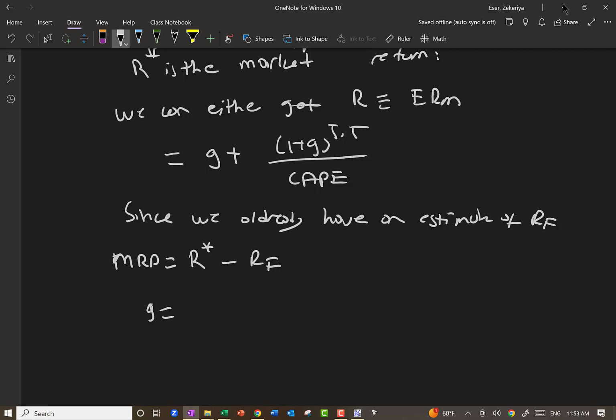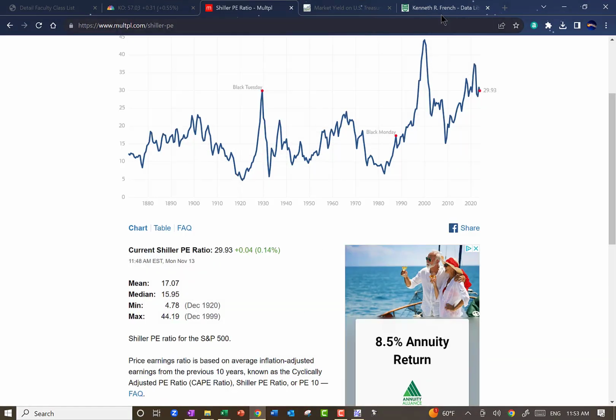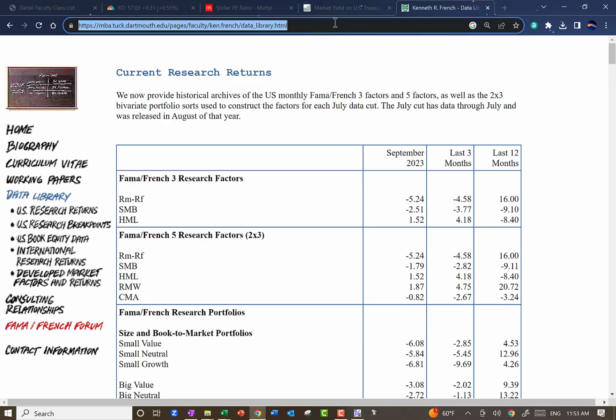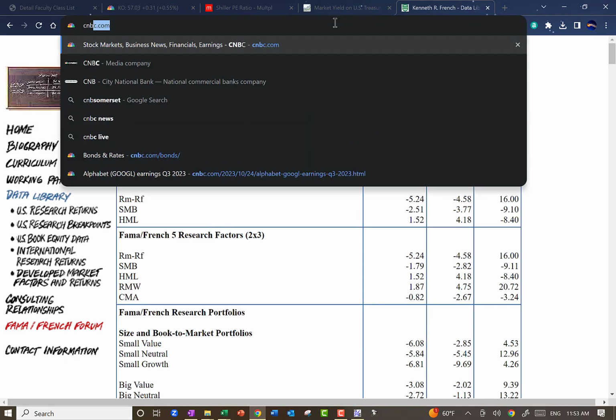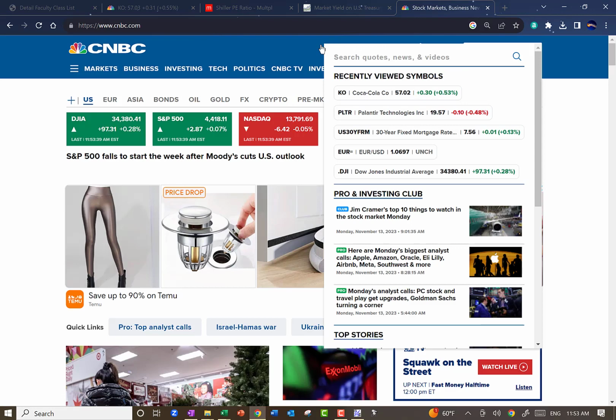For our purposes, a lot of economists agree these days that the long-term U.S. economy is expected to grow about 2.5% in real terms, plus expected inflation. We can calculate the implied long-term inflation using long-term nominal bonds and inflation-linked bonds.